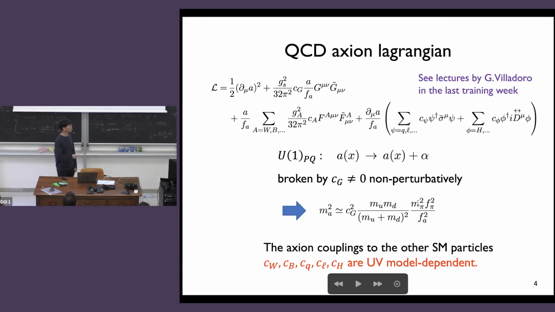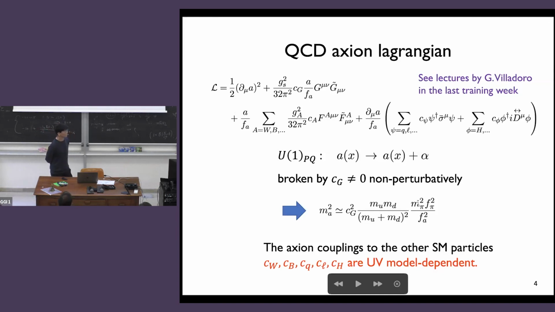This is the general form of the QCD axion Lagrangian dictated by this global U(1) symmetry, usually called the Peccei-Quinn symmetry, which is given by the shift of the axion field in nonlinear realization.